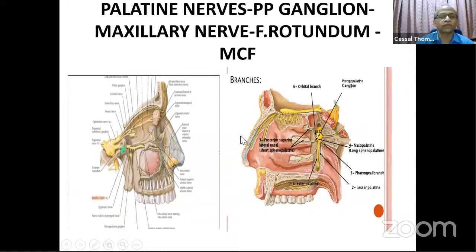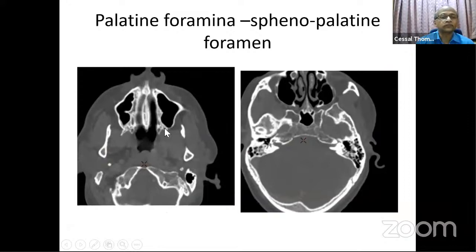So this is one classical route of spread. So where should I look again? These are the palatine foramina, seen in the horizontal plate of the palatine bone. And this is the pterygopalatine fossa.